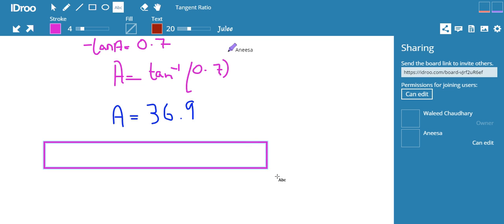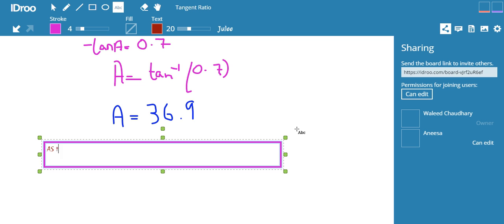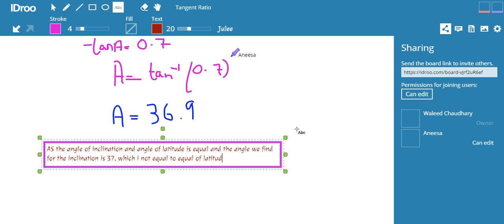So you can mention here that the angle of inclination and angle of latitude should be equal, and the angle we find for the inclination of the solar panel is 37 degrees approximately, which is not equal to the angle of latitude, that is 60 degrees.